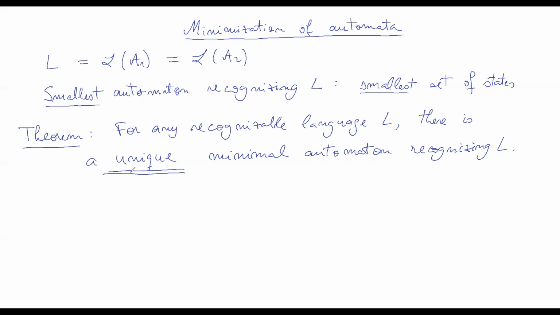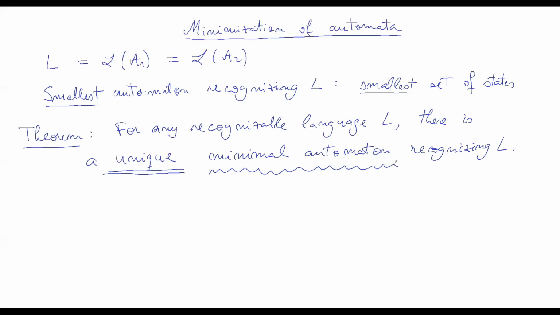So I'm going to skip the uniqueness part, but what I will focus on in this lecture, and in another lecture that follows this one, is this part, building the minimal automaton. How do you, in practice, build this automaton starting from language L or starting from an automaton, whatever automaton, recognizing L. So that's what I want to do in this series of lectures about minimization of automata.